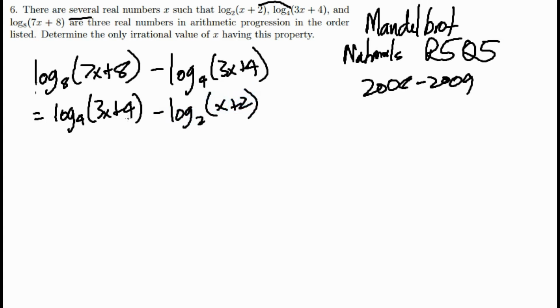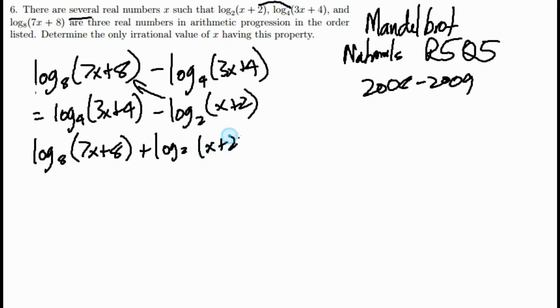Then we move this to that side and put the log base 4s on the same side, and we get log base 8 of 7x plus 8 plus log base 2 of x plus 2 equals 2 log base 4 of 3x plus 4. Let's see if we can simplify that further.